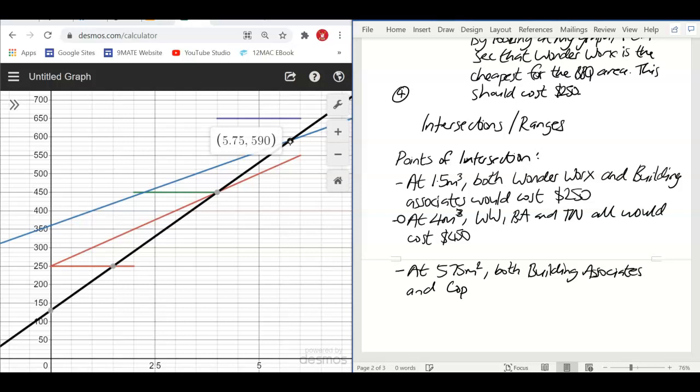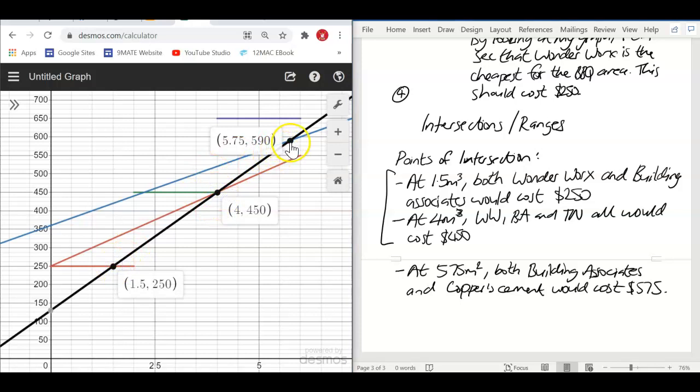Both would cost $575. So hopefully you can see what I'm doing there. I'm chatting about the lines, where they intersect, and how much they cost. So the key two were those first ones, because they were both the cheapest options. One further up the top here wasn't too relevant because there was a cheaper option down the bottom.